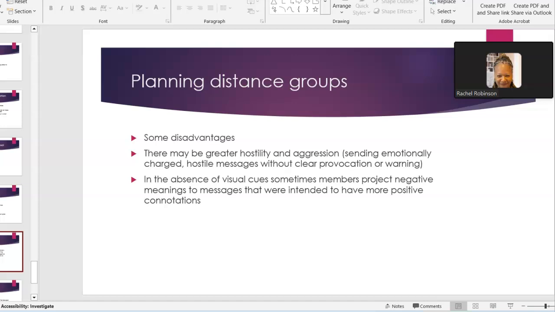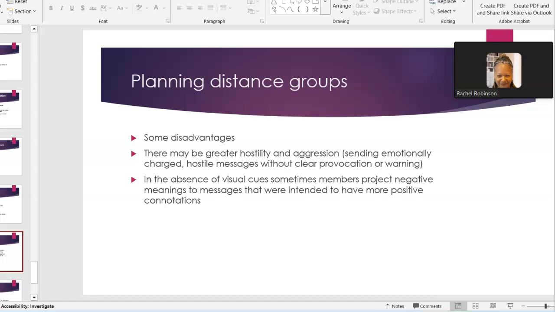It could be that there are emotionally charged topics that come up that trigger members of the group. So once again, not having those visual cues makes it more challenging, and people can project negative meanings onto messages that were intended to be positive.